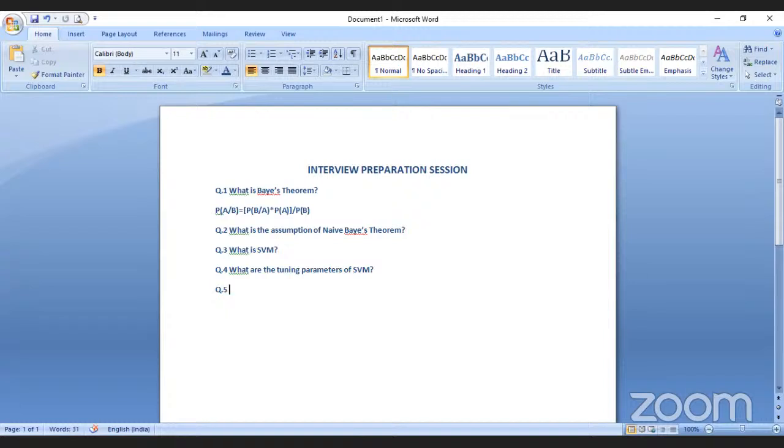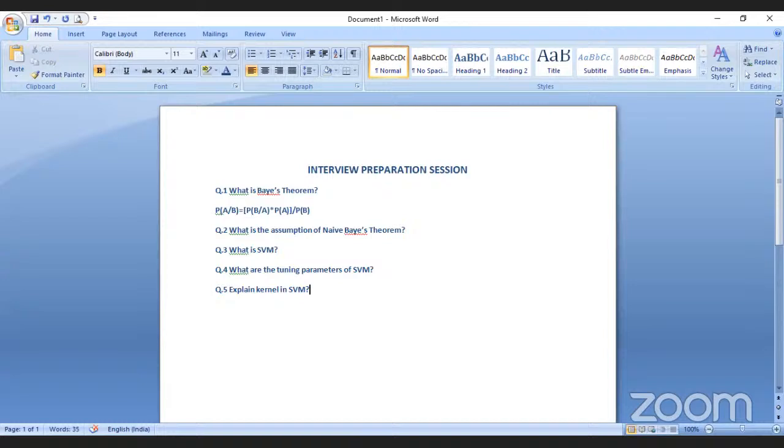When we say kernel is a hyperparameter in SVM, what is kernel in SVM? Let's understand. Kernel tricks are transformations applied on the input variables which convert non-separable data to separable.